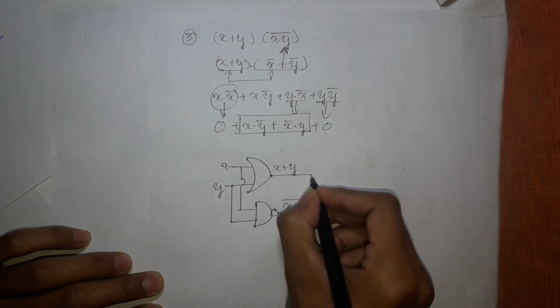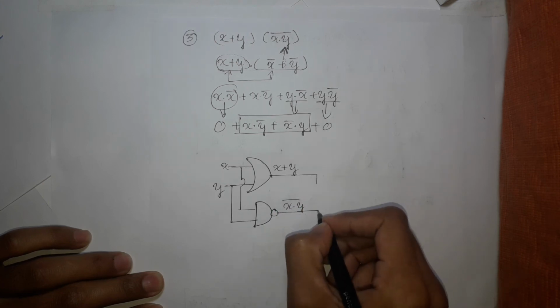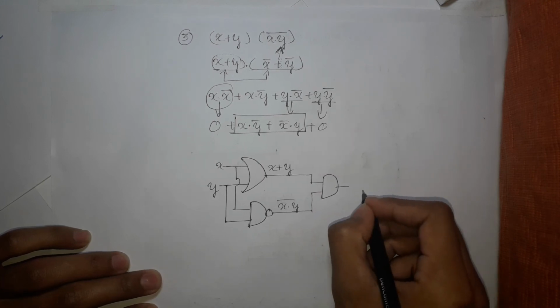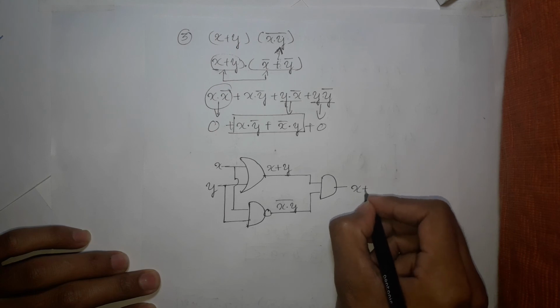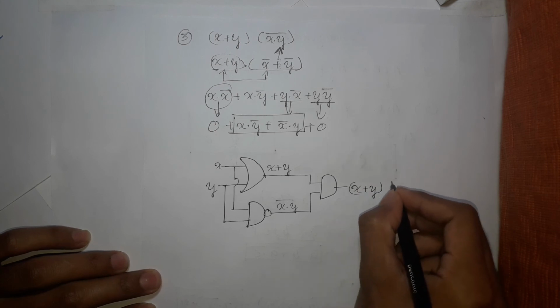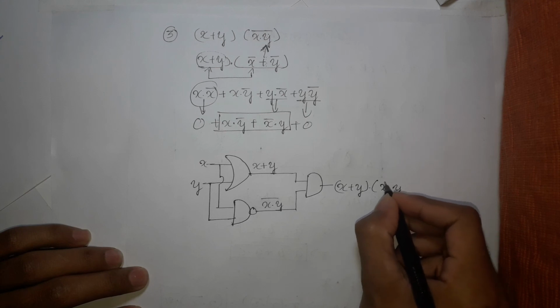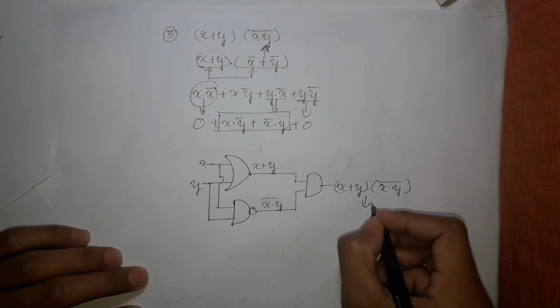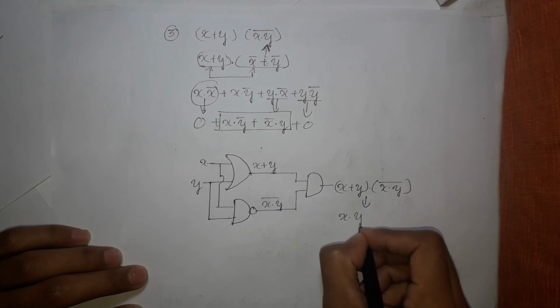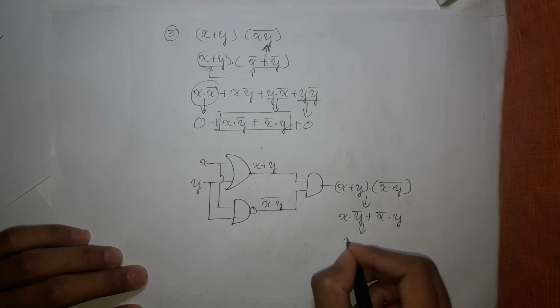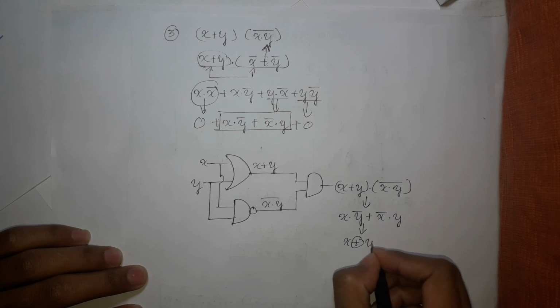Now finally they both are to be ANDed using the AND gate. From here we get our required output, that is X or Y dot X dot Y's whole bar, which is equivalent to X dot Y bar or X bar dot Y, which is nothing but X XOR Y.